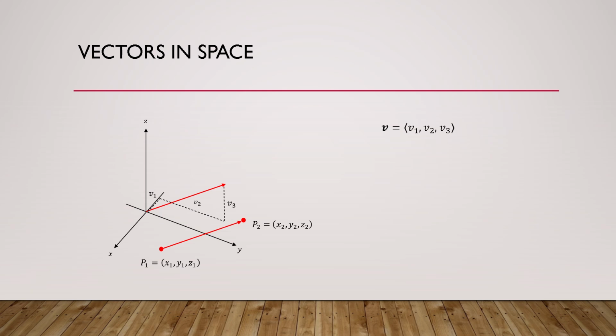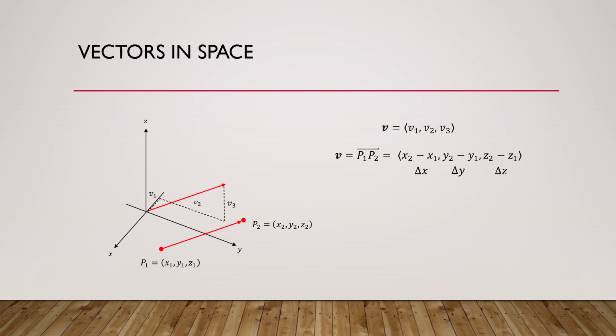The position vector can then be determined by v equals P1 to P2 as a change in x, the change in y, and the change in z, or x2 minus x1, y2 minus y1, and z2 minus z1.